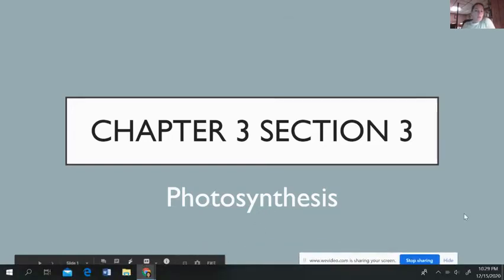Alright guys, we are going to get started with our 3.3 notes. You should have made a copy of the fill in the blank notes for this. It is going through the process of photosynthesis.